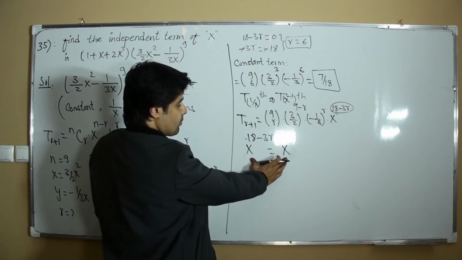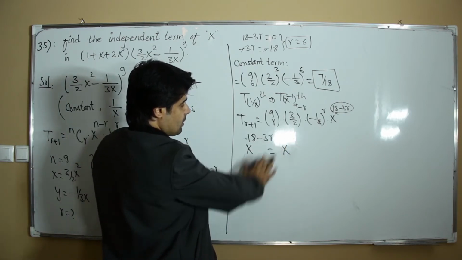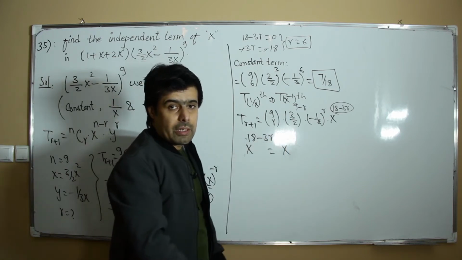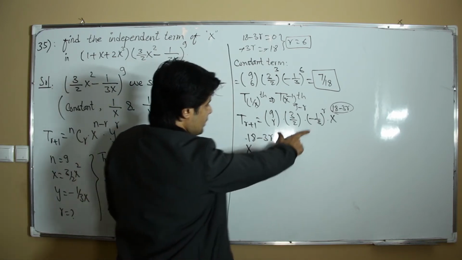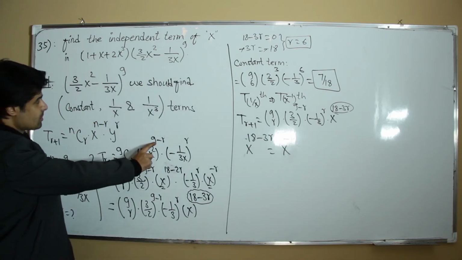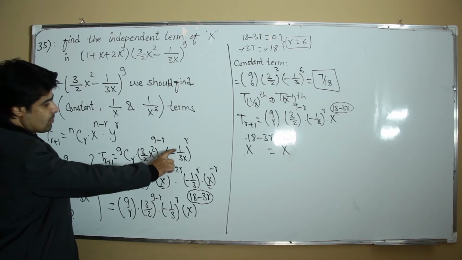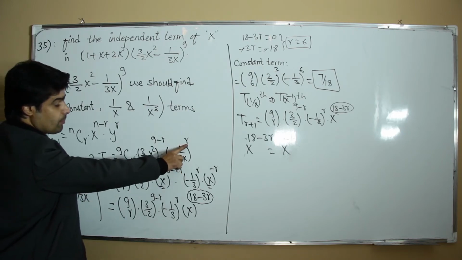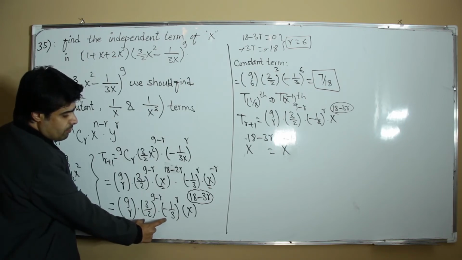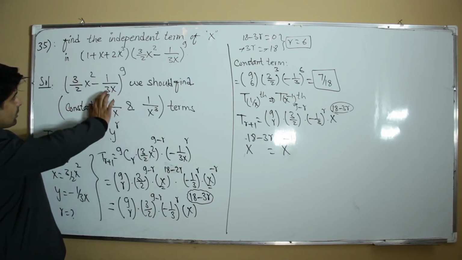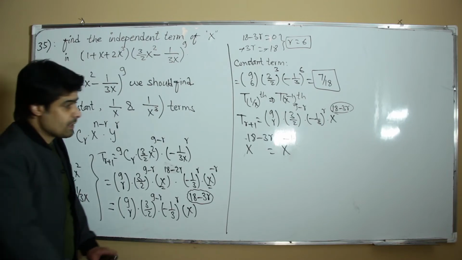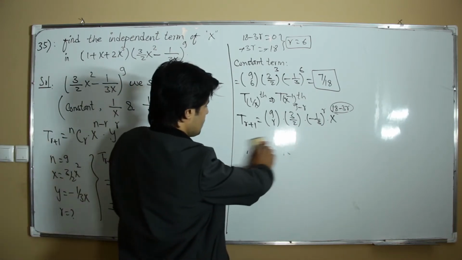And you know from the equation, if the bases are same, the powers must be same. 18 minus 3r should be equal to minus 1. Where did I find this one? This is 9 c r, 3 by 2 x squared, minus 1 divided by 3x to the power r. If you simplify, this is the general formula for the 3 by 2 x squared minus 1 divided by 3x raised to the power 9. Now I think you've got.